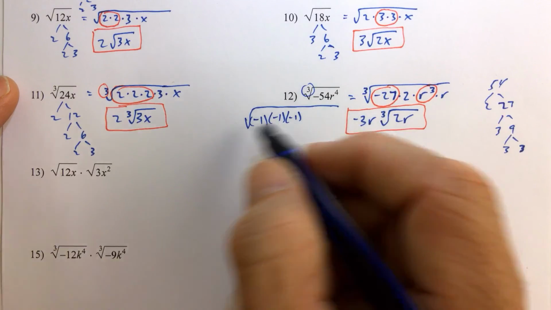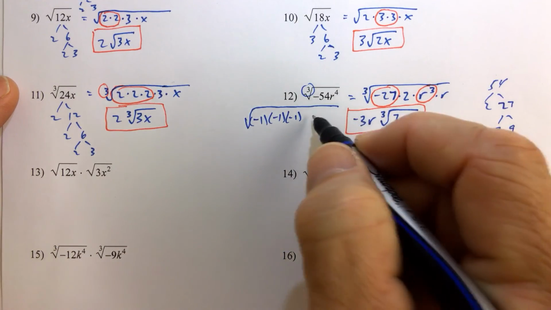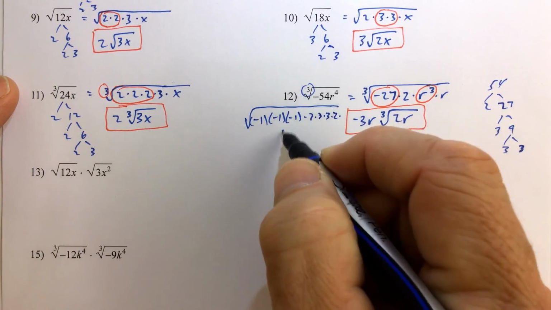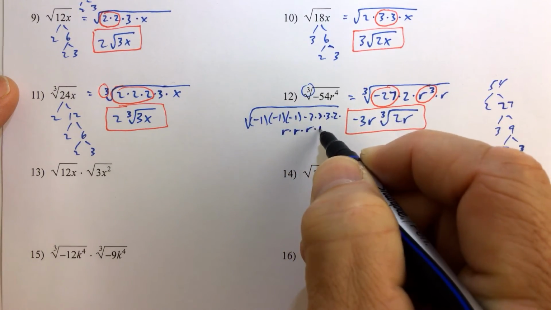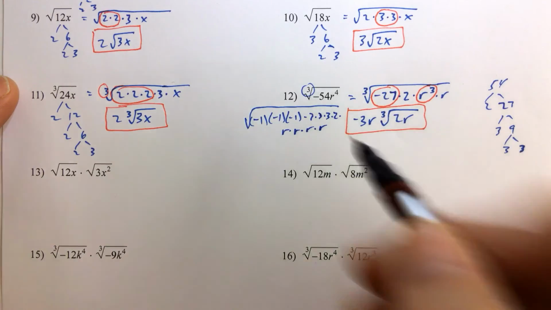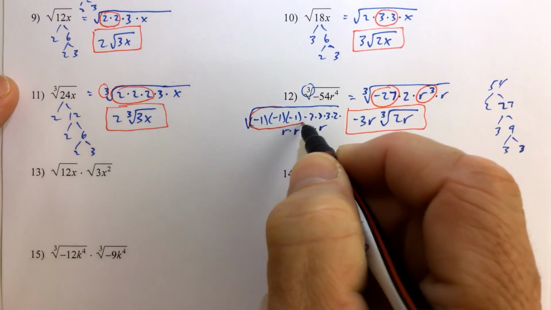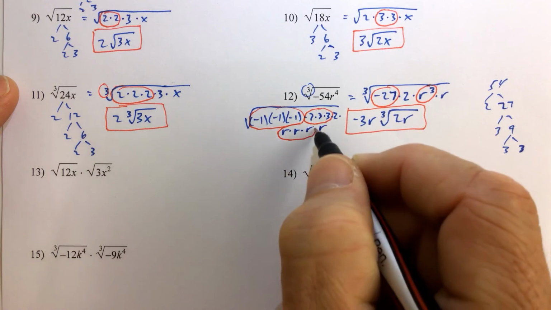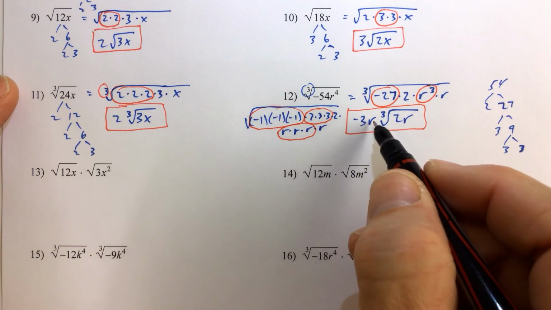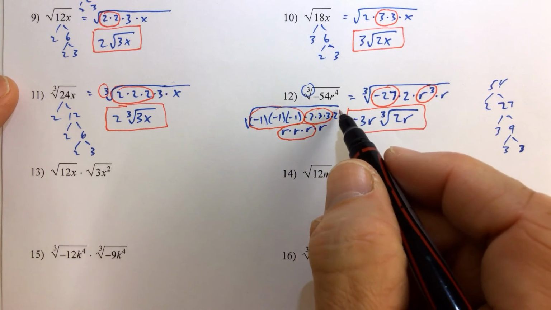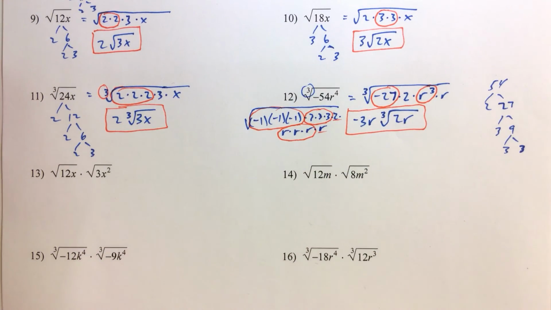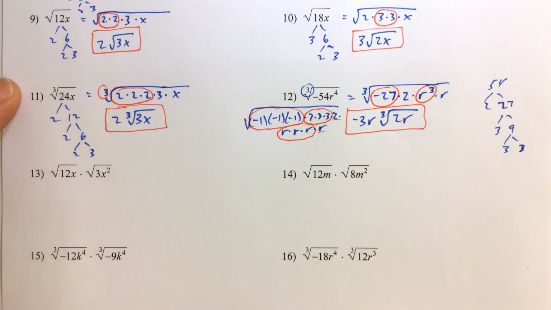So we have a negative 1 we can pull out. And then we have the 3 times 3 times 3. Then we have the 2. Then we have the r times the r times the r times the r. So if we did this the same way we did the other one, we can pull a negative 1 out, we can pull a 3 out, and we can pull an r out. Negative 1 times 3 times r. And what we're left with is that 2 and the r underneath the cube root. So that's just another way of going back to how you did this before.